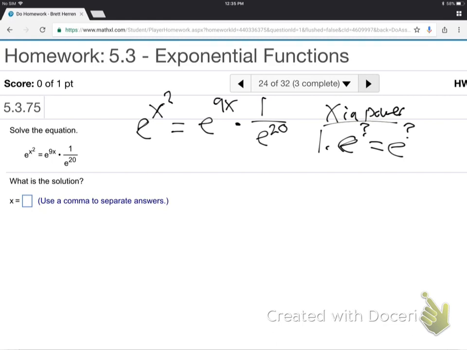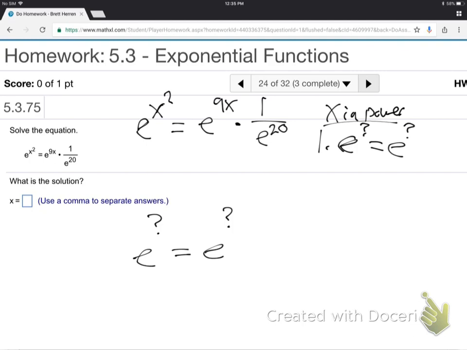That's the goal, right? Make it a single e on this side, a single e on that side, and as soon as you do, then you can set the powers equal. Remember, the base is the same. A single e on the left side, a single e on the right side, and then you can set the powers equal.